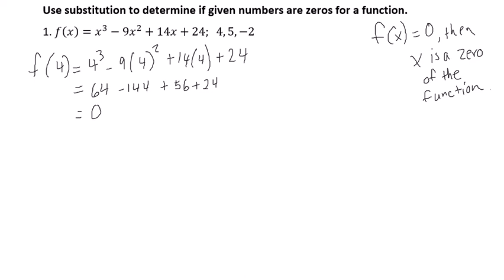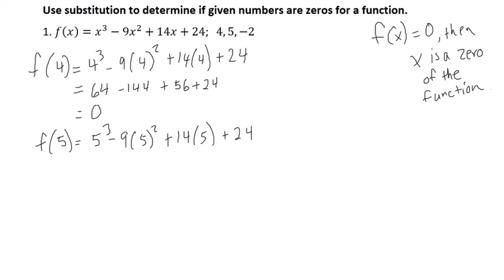So you just need to plug those in, see if it equals a 0. So 4 is in fact a 0. When we plug in f of 5, 5 to the 3rd power minus 9 times 5 squared plus 14 times 5 plus 24.